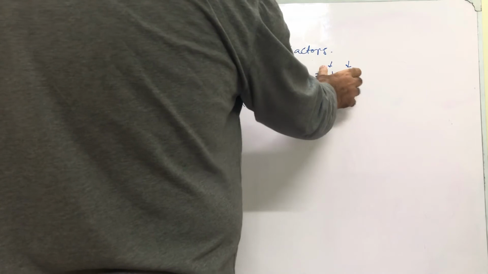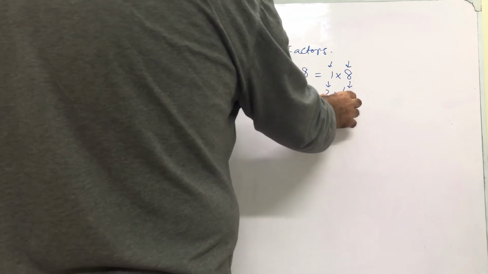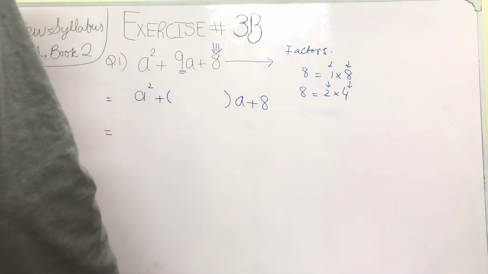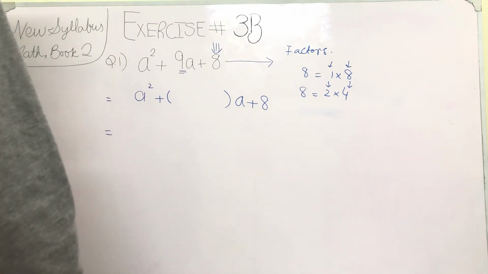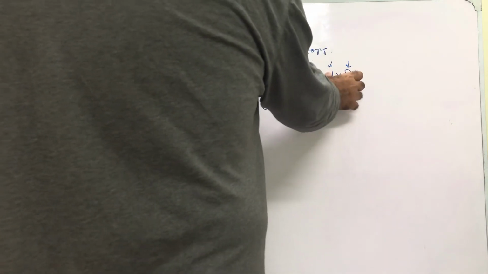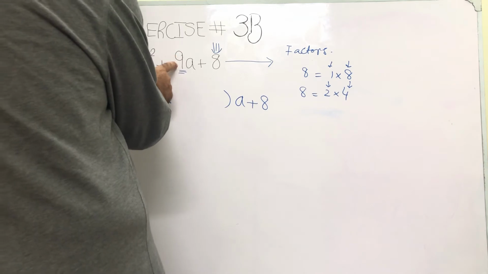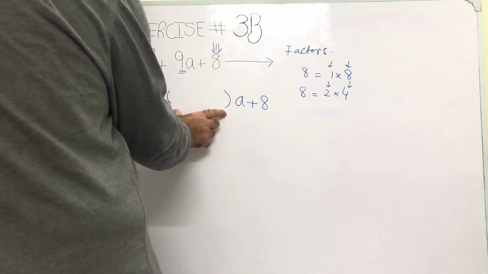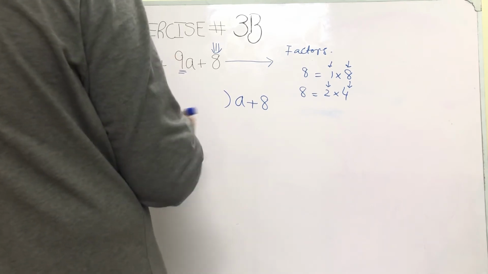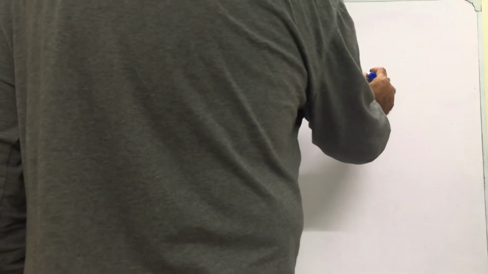This factor has 2 numbers, this factor has 2 numbers. Now what to do? We will be adding or subtracting these 2 pairs so that we get this 9, for which we have reserved the space. How? See, we will be doing both things.